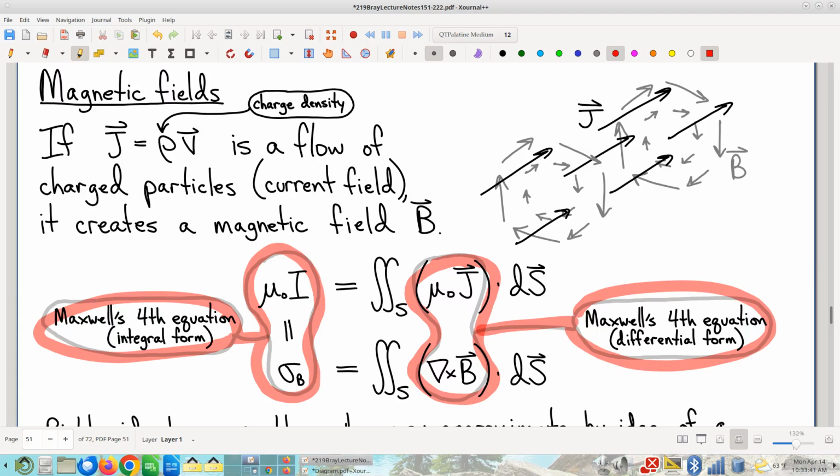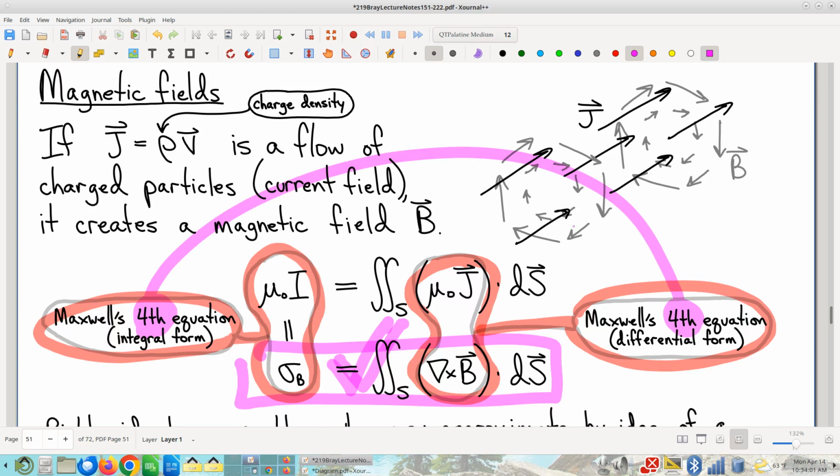And so again, they appear to be different things, different statements in some sense, but they are connected, very strongly connected, so strongly connected by Stokes' theorem, right? That we actually call these the same equation. These are both Maxwell's fourth equation.